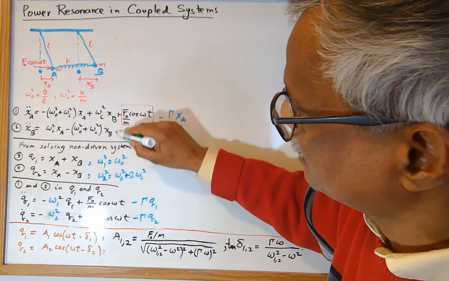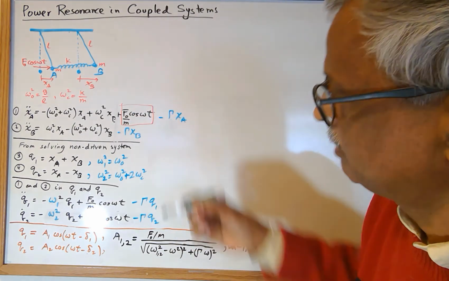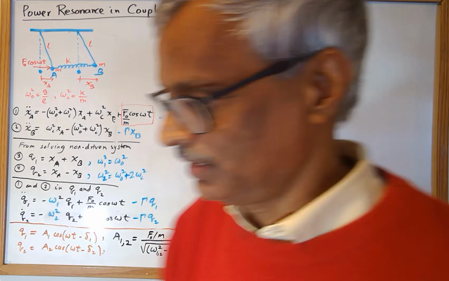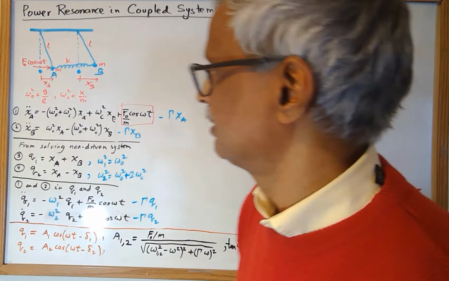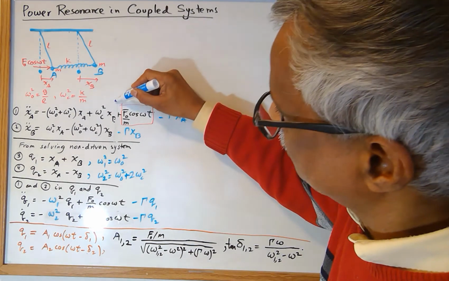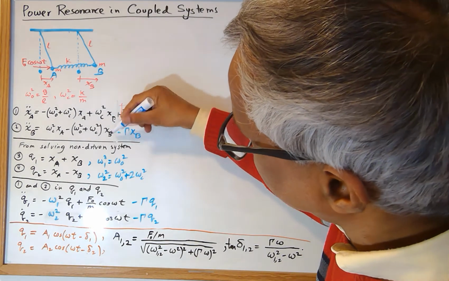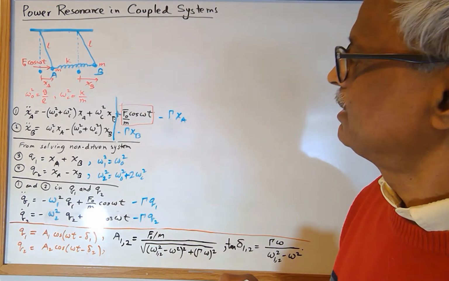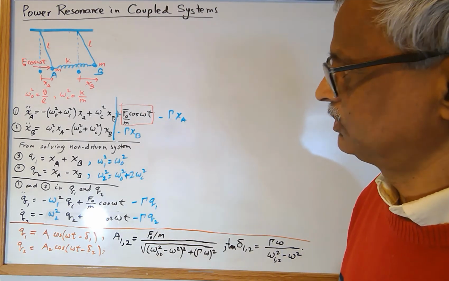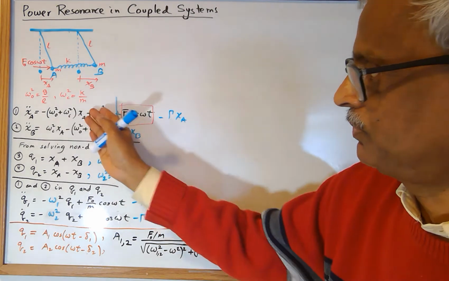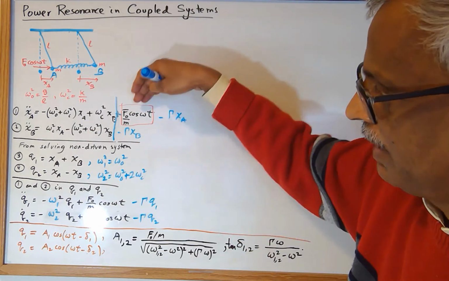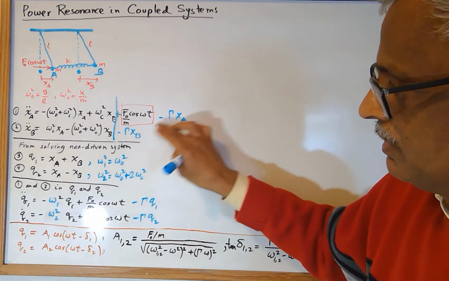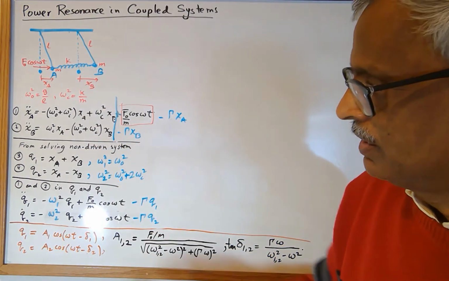So this is like the same undamped case we've done before. This part is the same as before, and then we have a driving force on A only, not on B. We're going to talk about the damping part in just a minute.